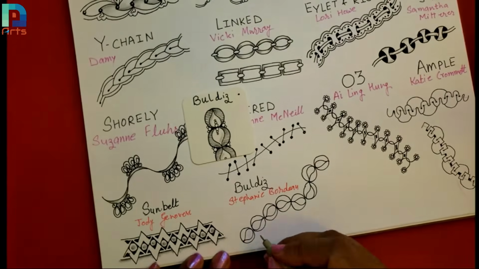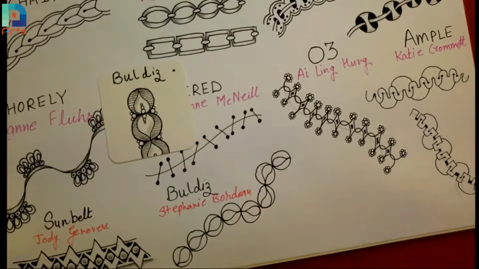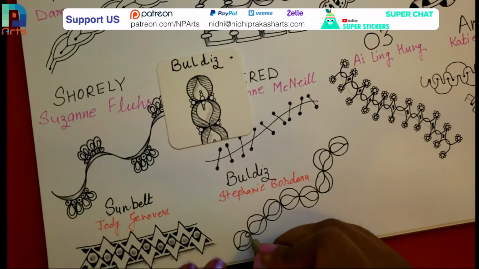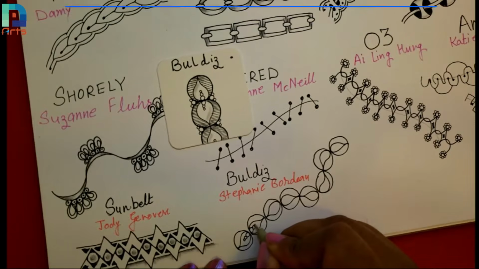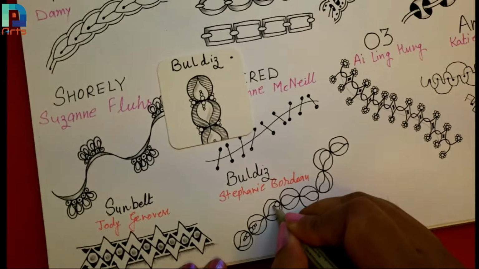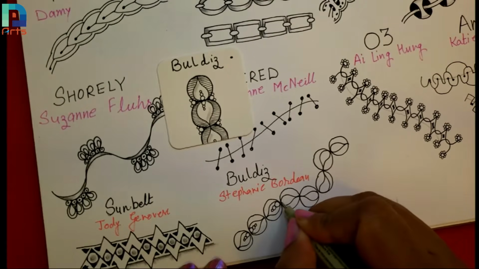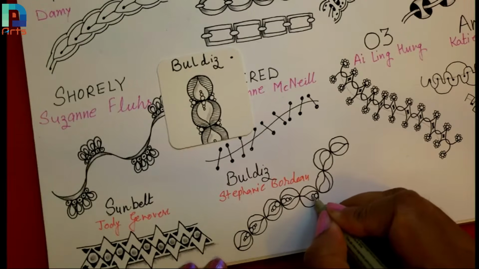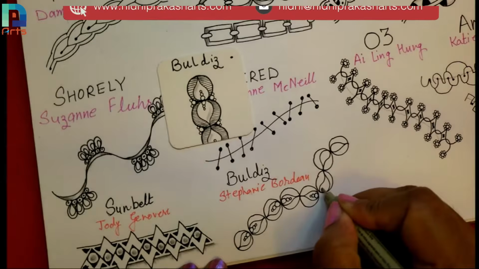And then we are going to draw a tiny set of three circles in each of these droplets in between.